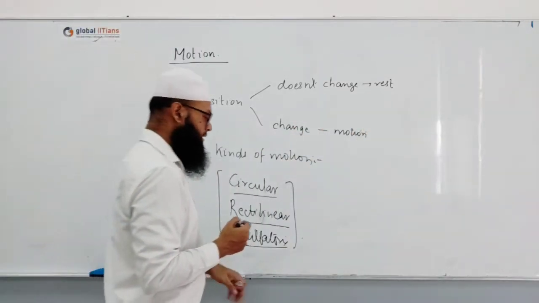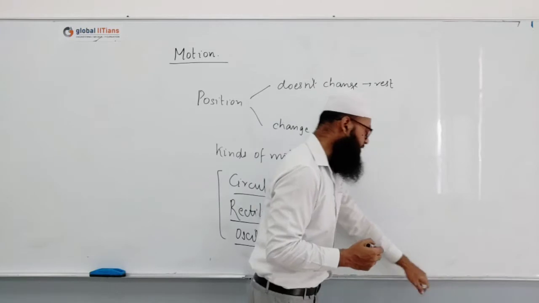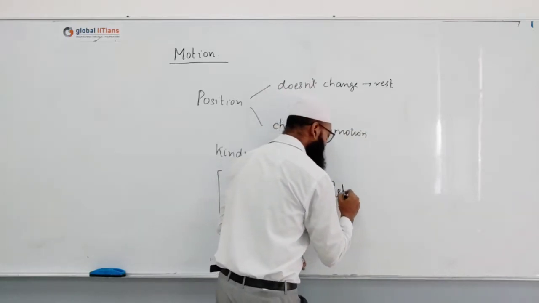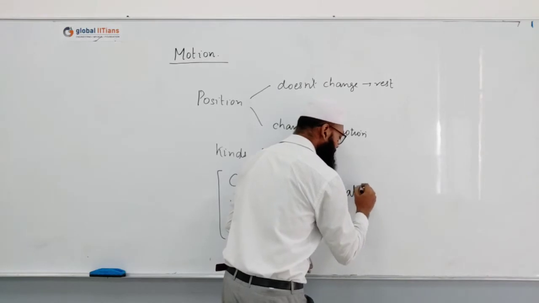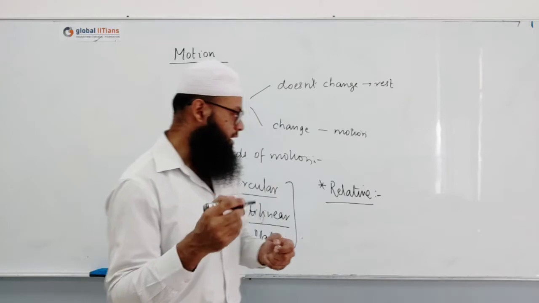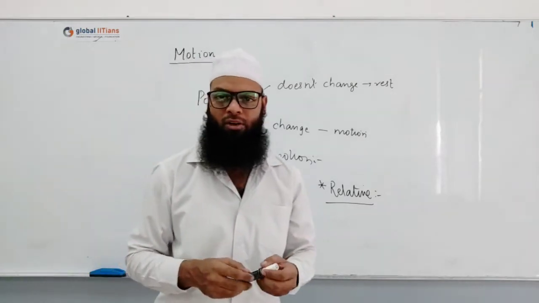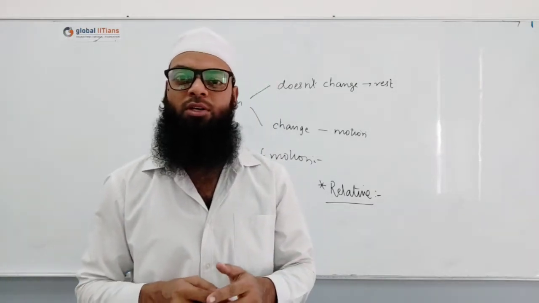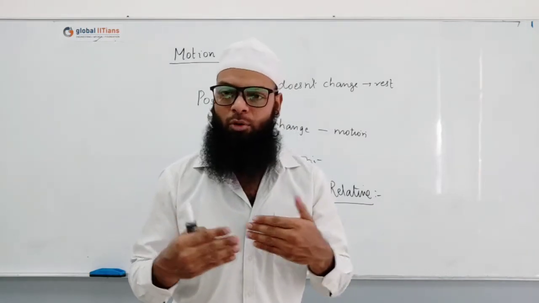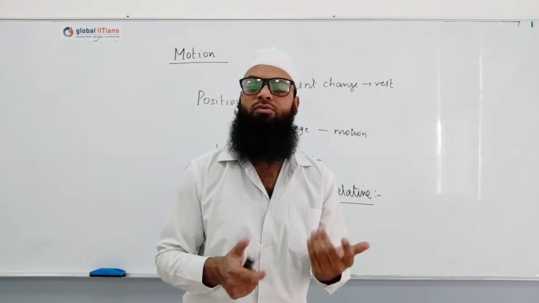The second thing, guys, is the relativity of motion, that is, motion is relative. Now, what do I mean by saying that motion is relative? If a bus is moving with respect to another bus in the opposite direction, then the relative speeds will be added.